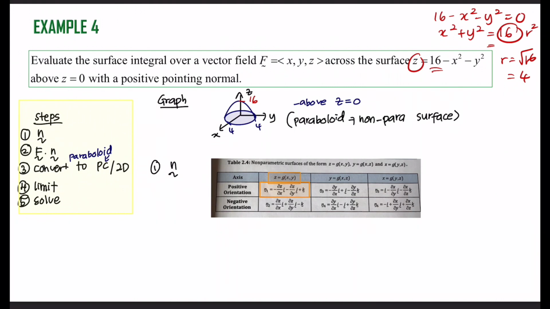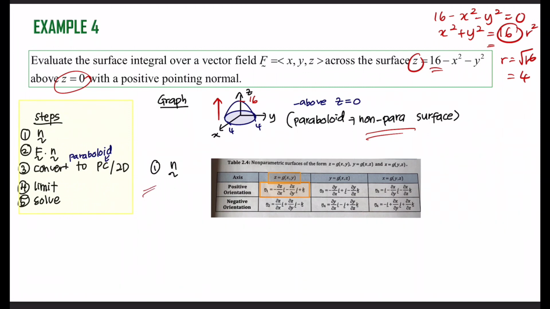And we have above z equals 0, so we consider this part only, when z is greater than 0. Since this is a paraboloid, it is a non-parametric surface. The first step is to find the unit normal vector.